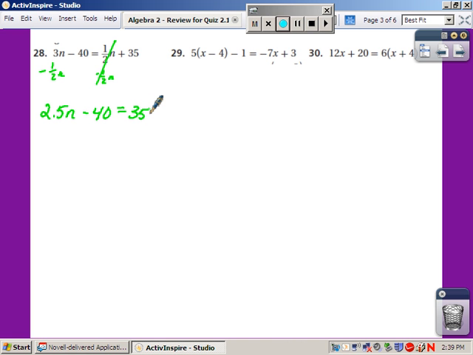And you see this really isn't too bad. You add 40, 2.5 n equals 75. And the last step, divide by 2.5. That makes n equals 30.